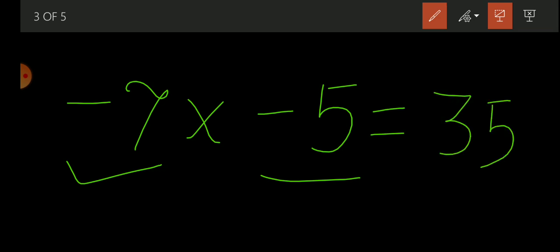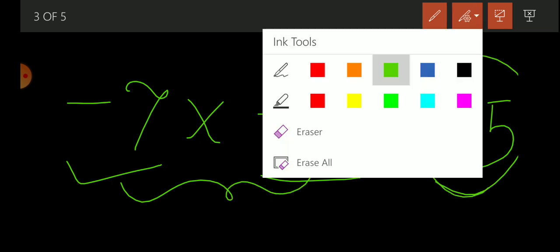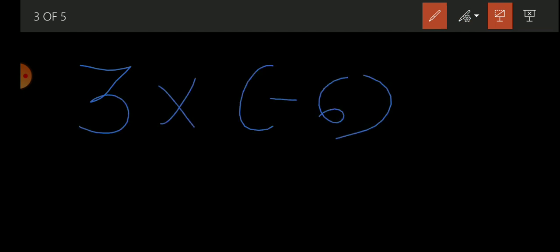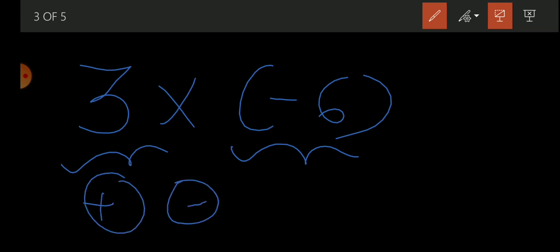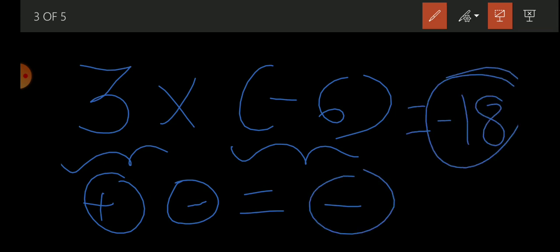Because both signs are the same, our answer will be positive. If one number is positive and the other number is negative, as I told you before, both integers are with different signs. That means my answer will be negative only. So my answer is minus 18.